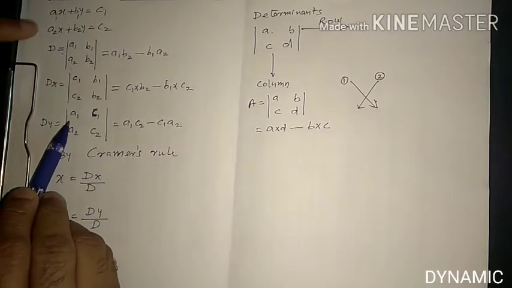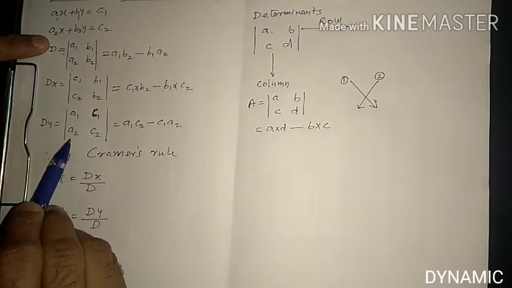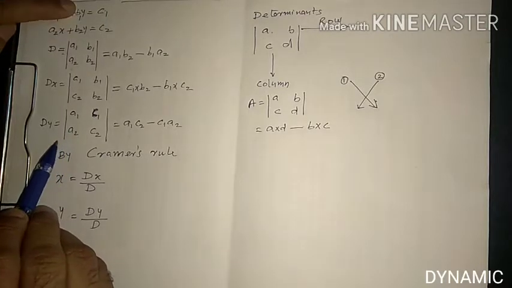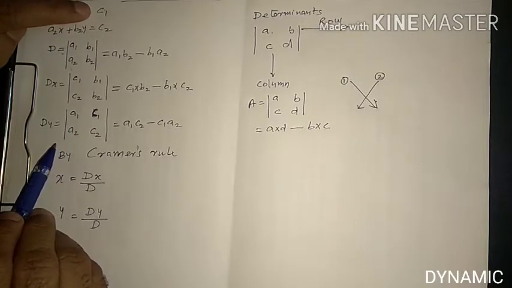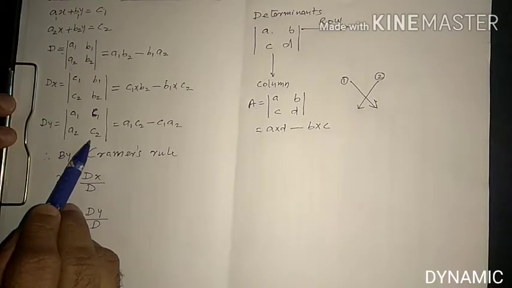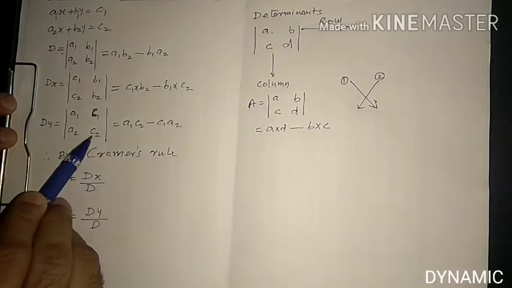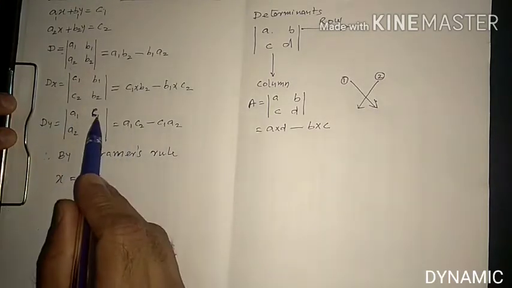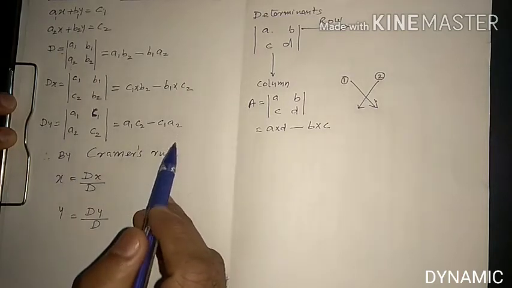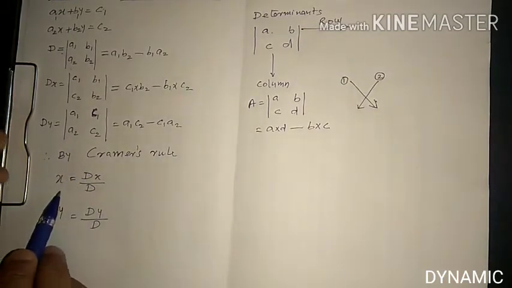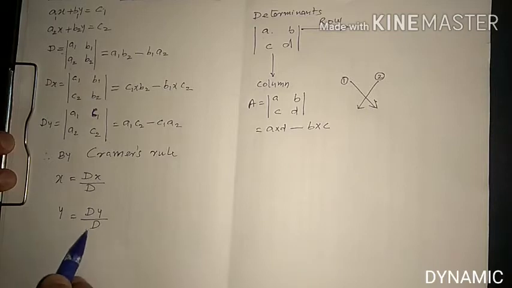Dy: x coefficients as it is, a1, a2, and in the place of y coefficients we keep c1, c2. Then expansion: a1 c2 minus c1 a2. Then by Cramer's rule, x is Dx by D, y is Dy by D.